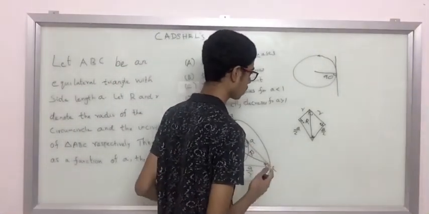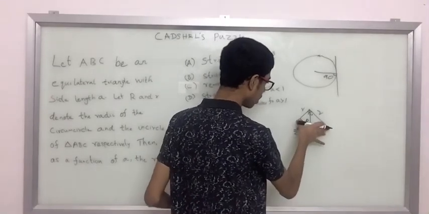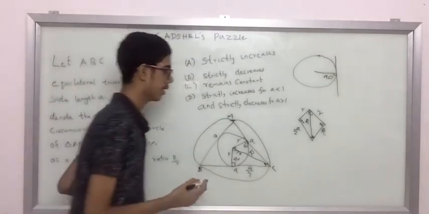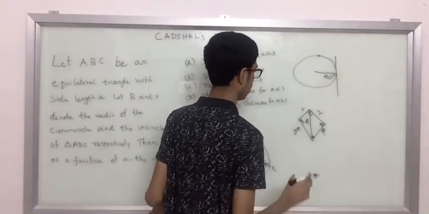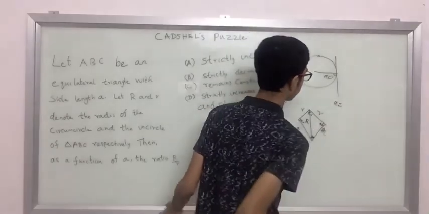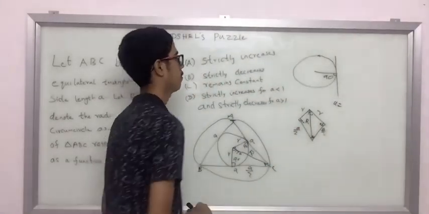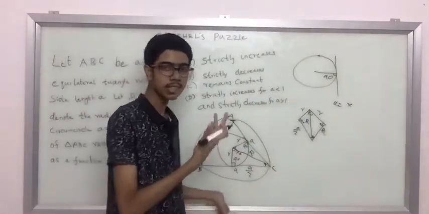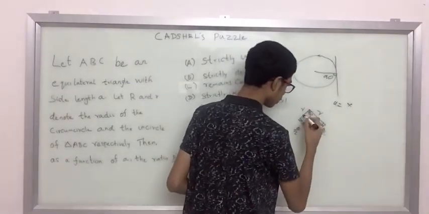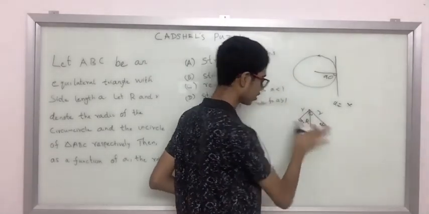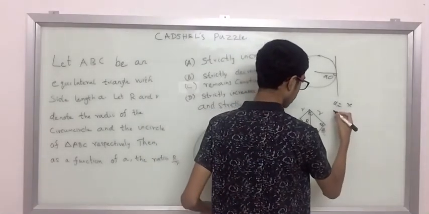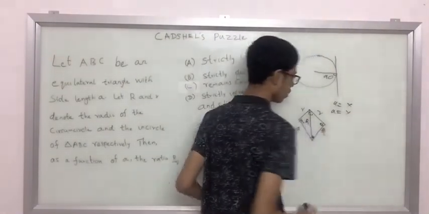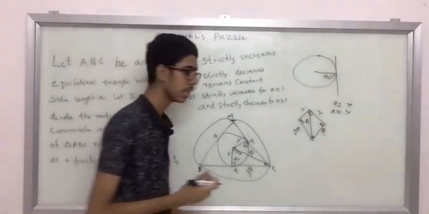Now see, for any value of a, think of a as some value x. Then some lengths will differ. Next time I give a equal to y.